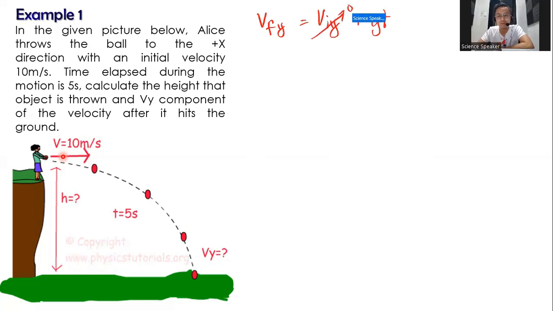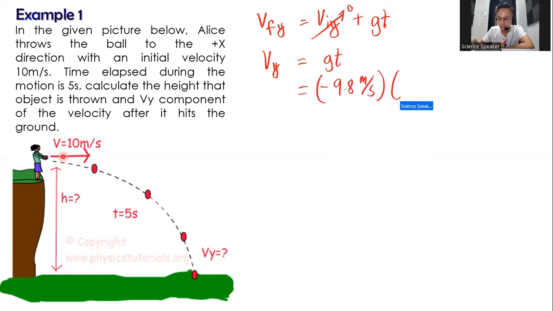So we will be left with v sub y. You don't need to put the f there. So v sub y is equal to g t. The value of g is negative 9.8 meters per second squared multiplied by your time, which is 5 seconds, the time it takes the ball from the point of origin to the ground.